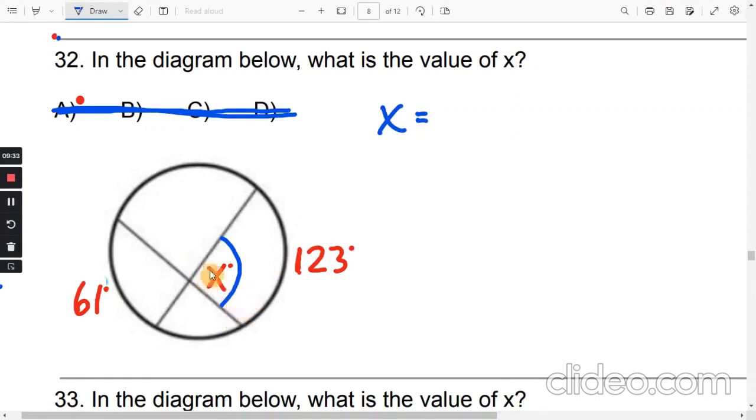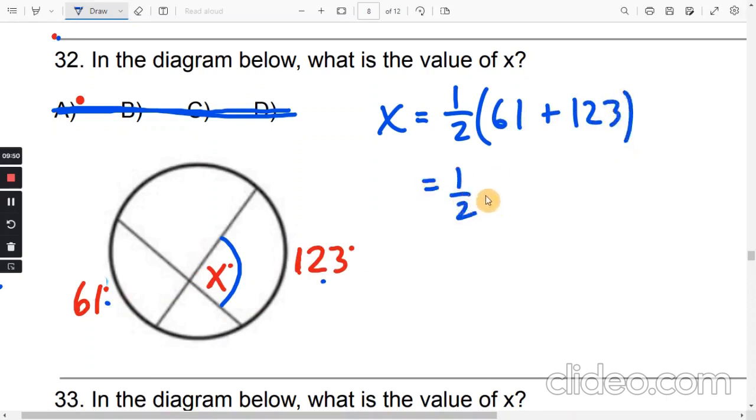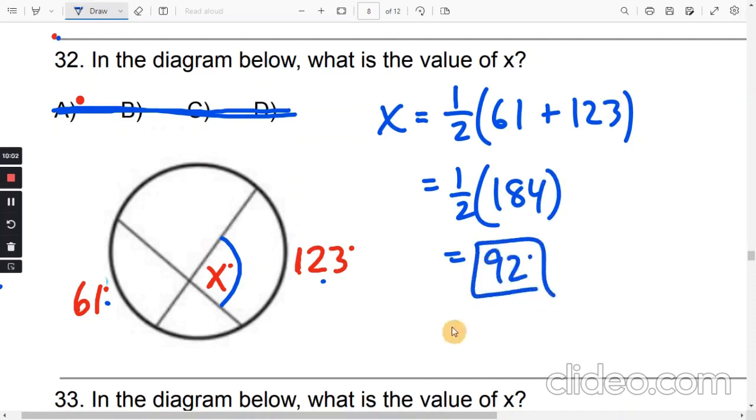So it's going to be 1/2 times 61 plus 123. 61 plus 123 is 184, and if you take half, that's just 92 degrees.